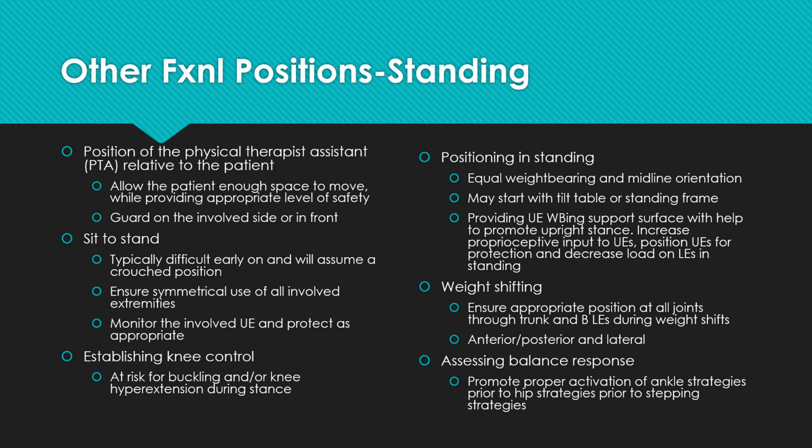We want to make sure that we ensure symmetrical use of all involved extremities, so set them up with armrests or blocks to push up from and get that weight bearing through the upper extremities when going in our transitions from sit to stand. And monitor the involved upper extremity and protect it as appropriate, especially if the patient is demonstrating shoulder subluxation.